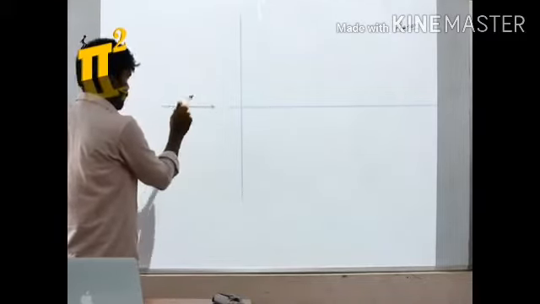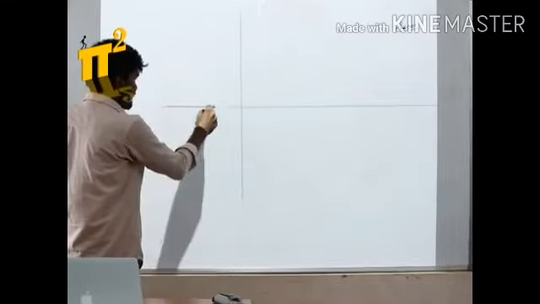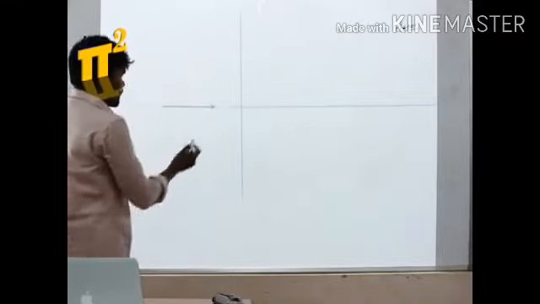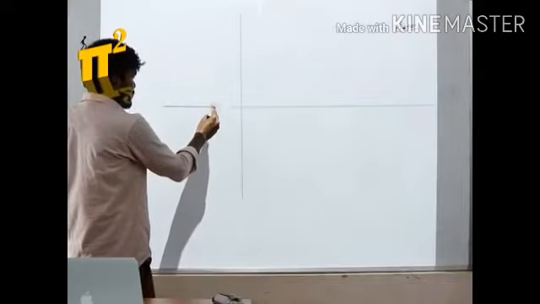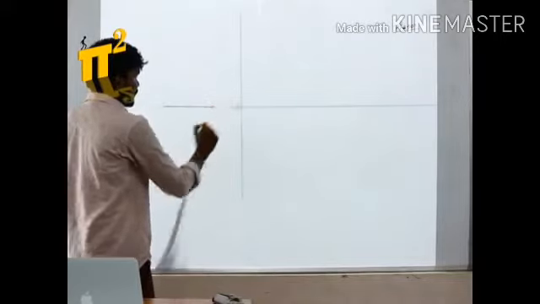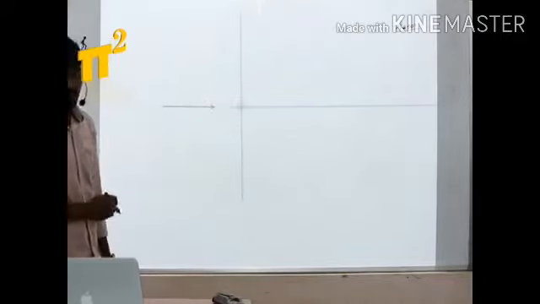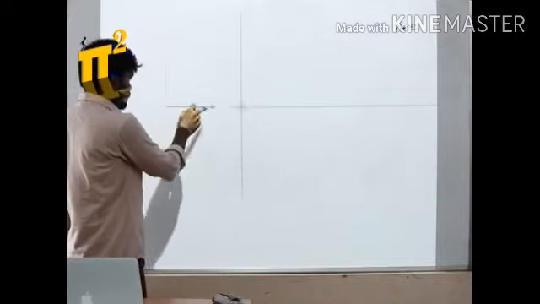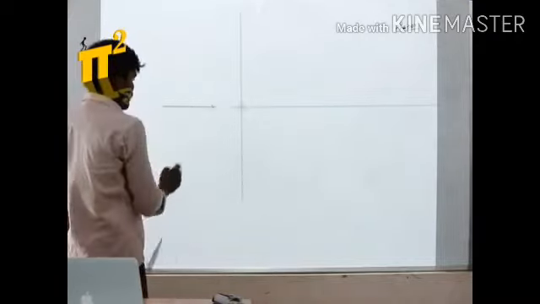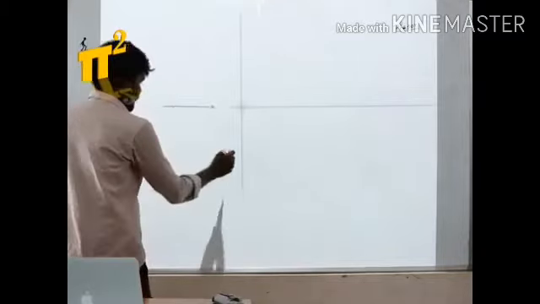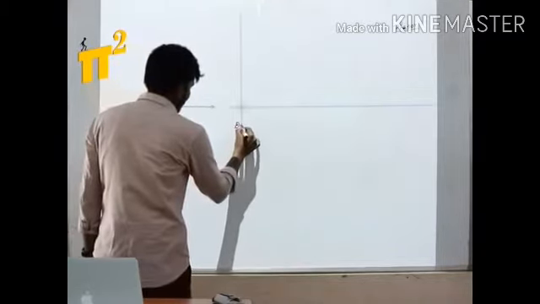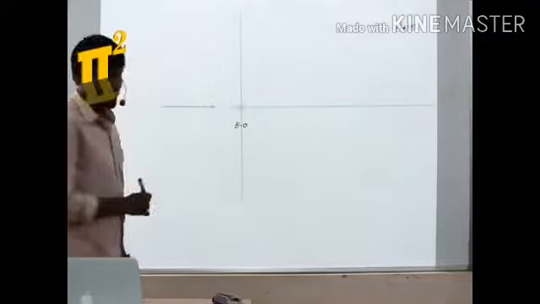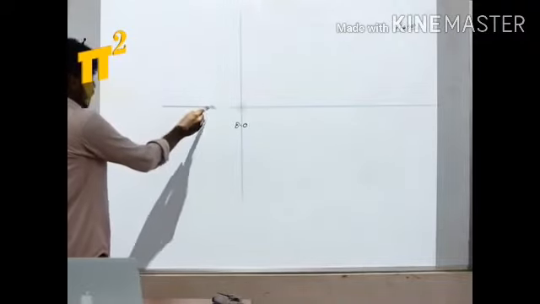At this position, what is the y-axis magnitude of this line? It is of course 0. So let me project that here. So at this position, angle theta is 0. There is no rotation.